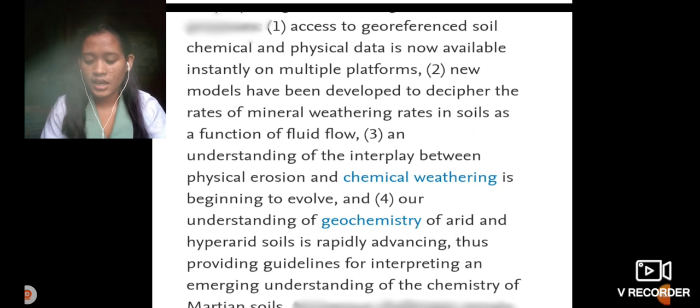In the past decade, significant advances have been made that are propelling our knowledge of soil processes. First, access to georeferenced soil chemical and physical data is now available instantly on multiple platforms. Second, new models have been developed to decipher the rates of mineral weathering in soils as a function of fluid flow.